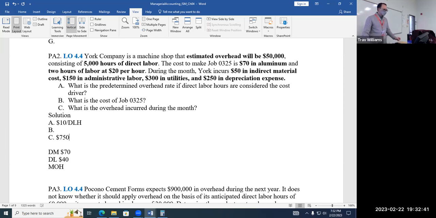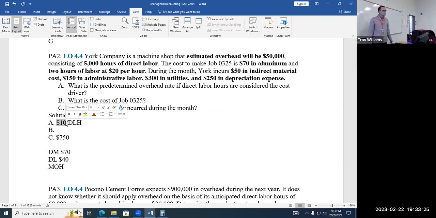Well, that gave us our $10 overhead allocation rate, right? We took the $50,000 of overhead divided by the 5,000 hours of direct labor, and we got our overhead allocation rate, which we can use to apply for this job. But how much should we apply? $10 per direct labor hour.